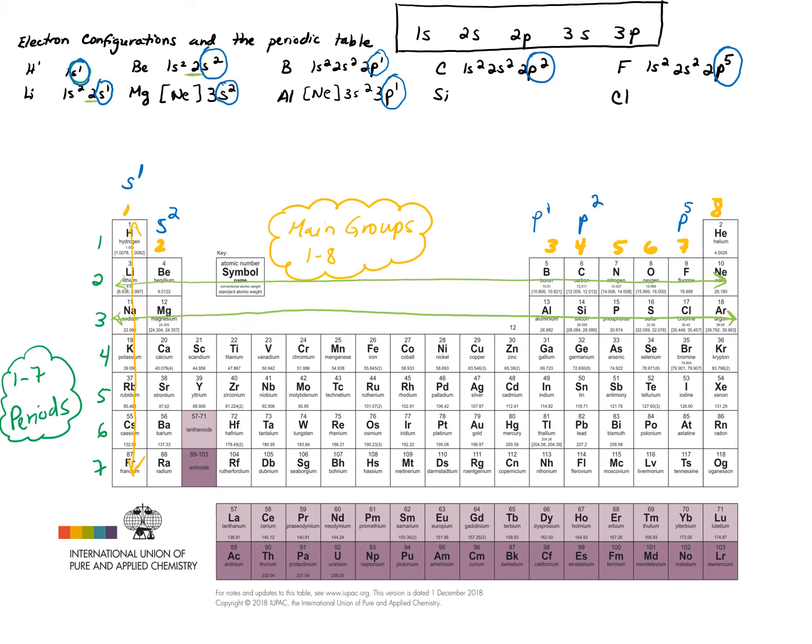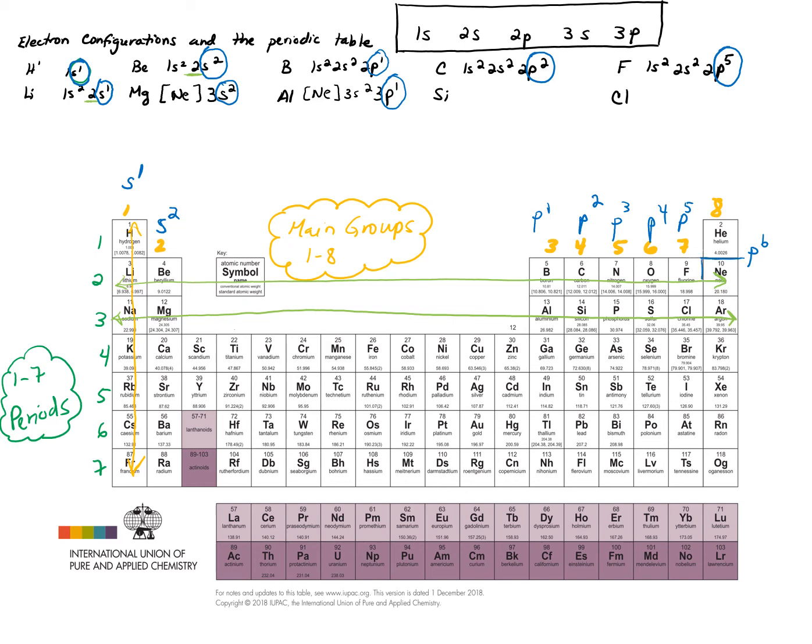But if boron starts in p1 and carbon is p2 and it goes all the way to p5 where you have F, we can predict that for group 5 we're going to have p3, for group 6 we're going to have p4, and then we have p5 for group 7, which means that group 8 will be p6 starting with neon.